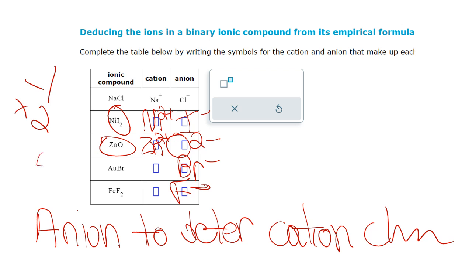So Au, gold, has a +1 charge, and since there are two fluoride ions, Fe, iron, is +2.